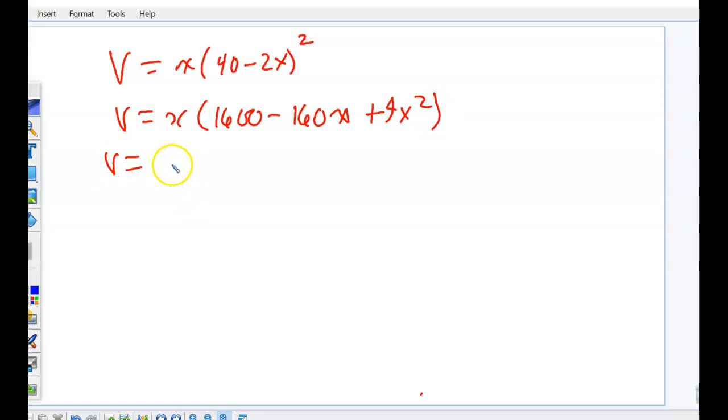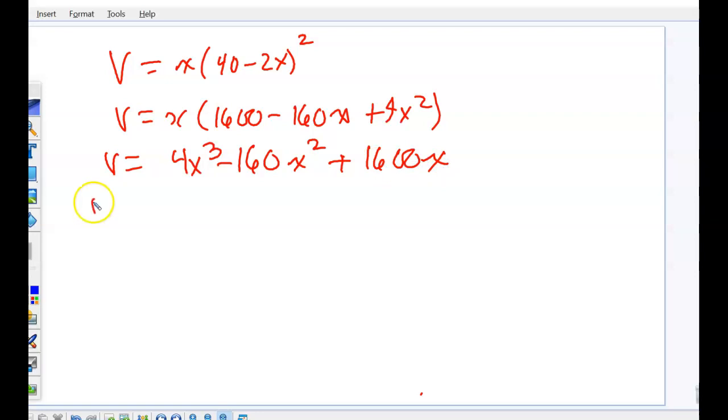And if I distribute, I'm going to get 4x cubed minus 160x squared plus 1600x. Now I'm able to take my derivative, so V prime is going to be 12x squared minus 320x plus 1600.